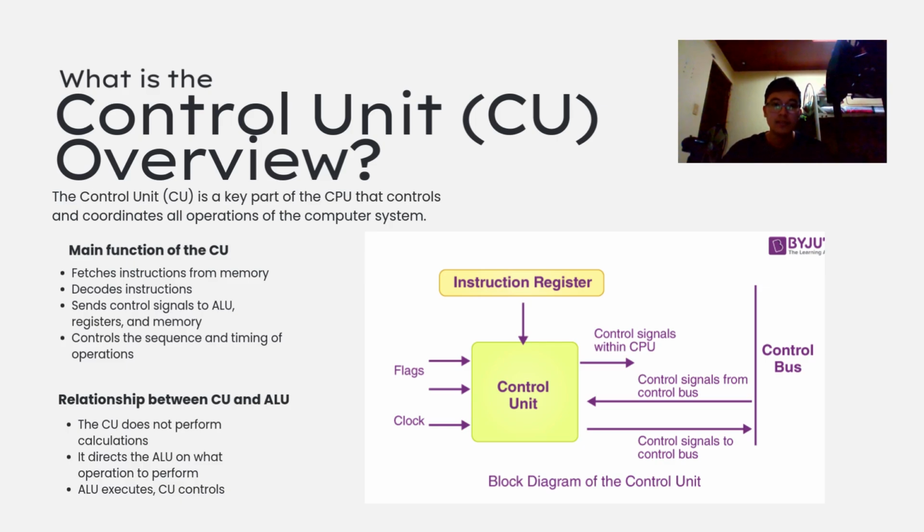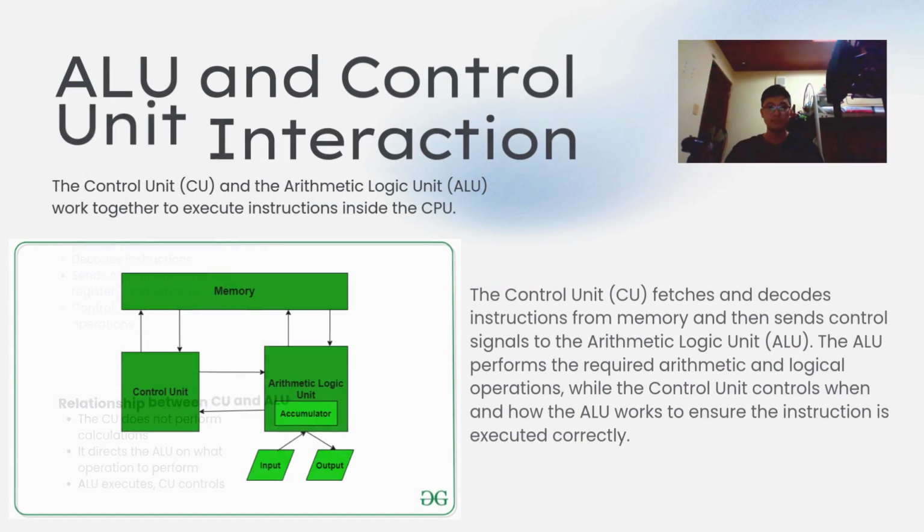It also controls the timing and sequence of the operations, and the control unit does not perform calculations by itself. Instead, it tells the ALU what operation to perform, and the ALU carries it out. For example, if the instruction is to add two numbers, the control unit will tell the ALU to perform the addition operation, and the ALU produces the result.